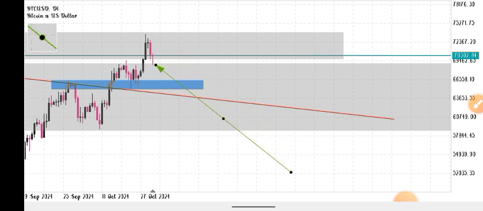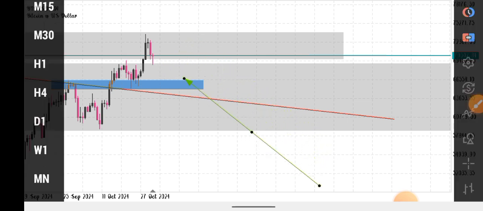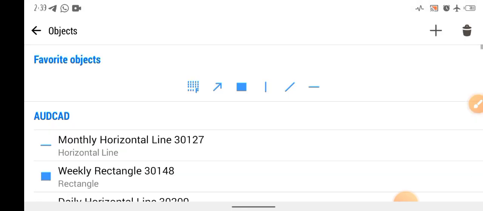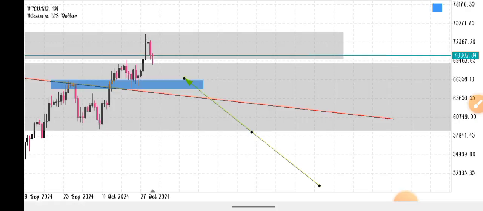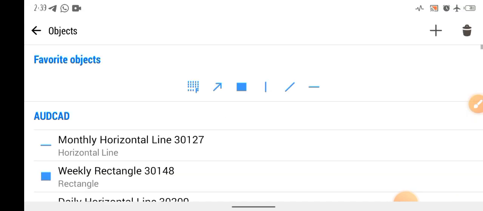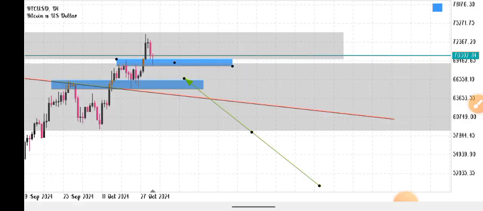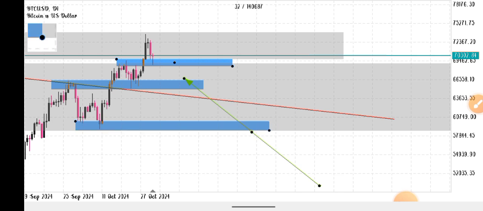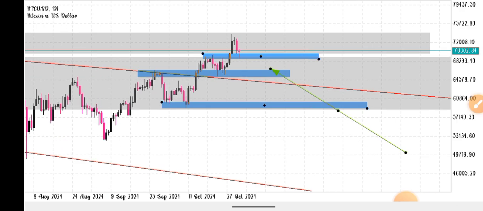So I'm going to be drawing the possible zones where price can come back to and actually move forward. This is the first, and this is where price is currently at right now. And there's another zone here, and we have another bigger zone here.